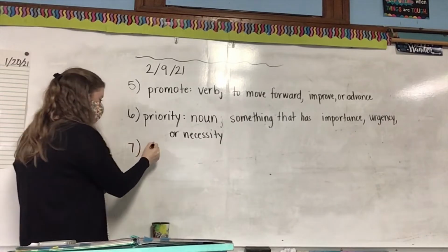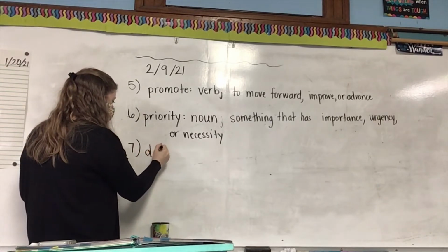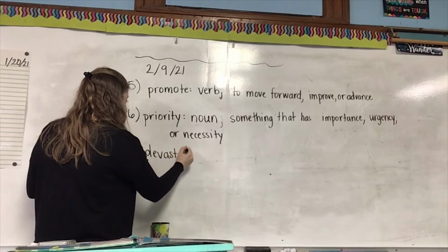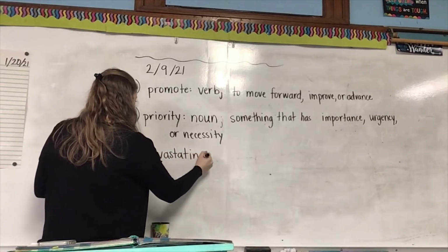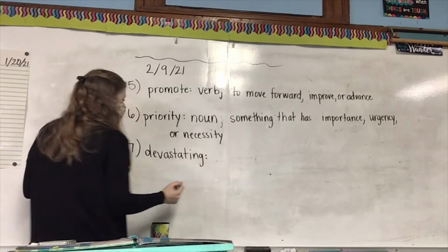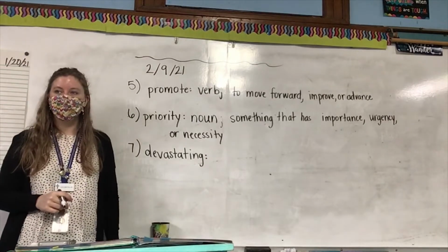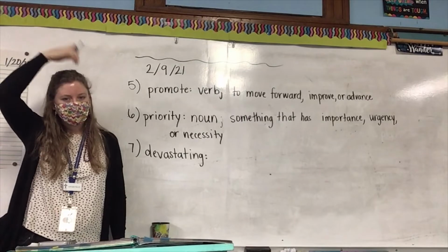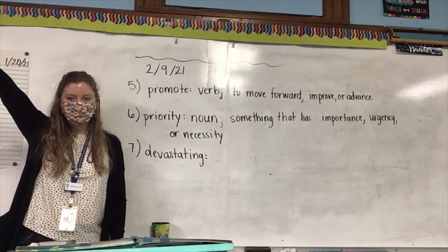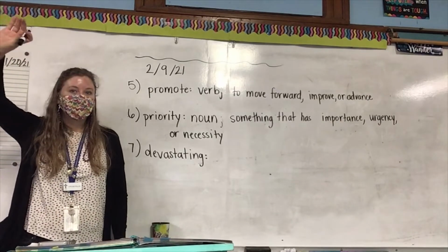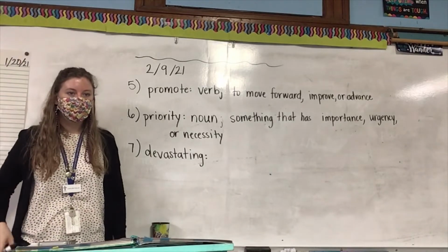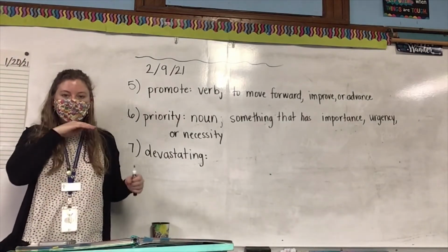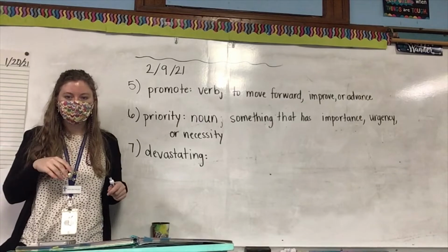Number 7 is the word devastating. Devastating. How many syllables does devastating have? Cullen. 4. Devastating.